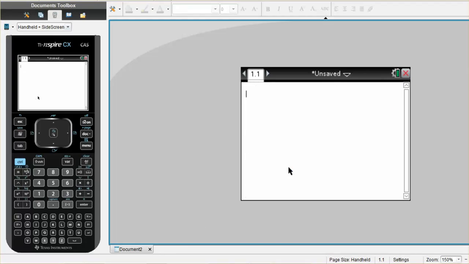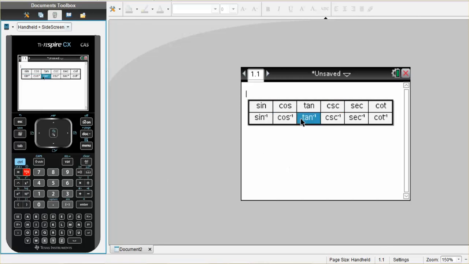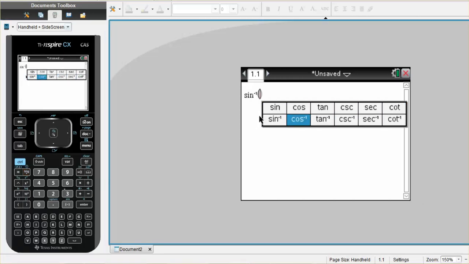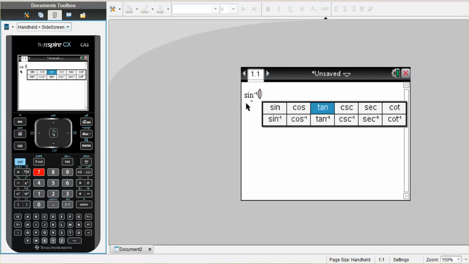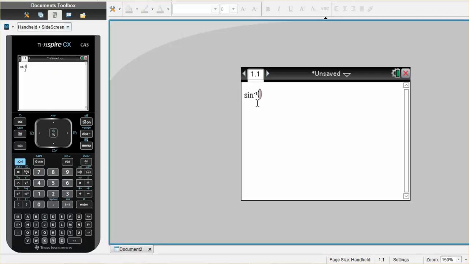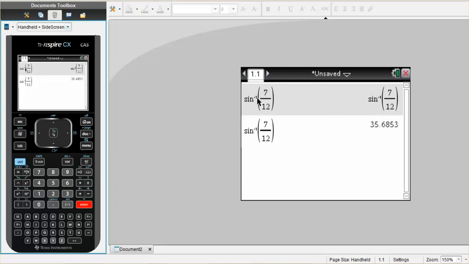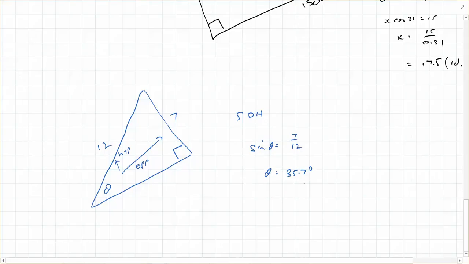We put in sine minus 1, and put in 7/12, and then hit enter. It won't work it out just yet. We need to hit control enter to get 35.7 to 1 decimal place.